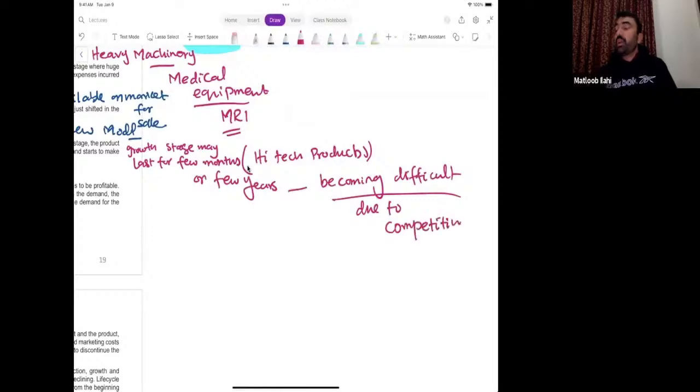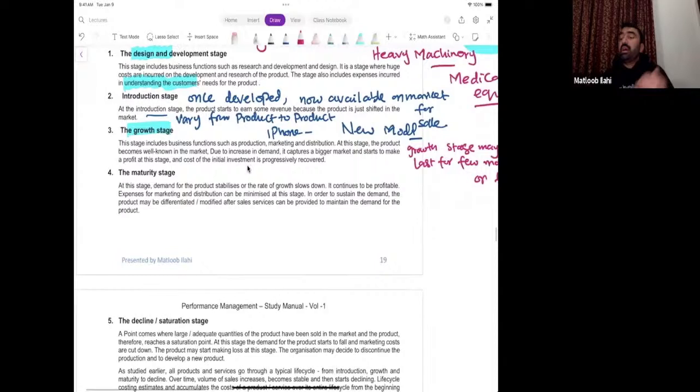And then after enjoying the growth phase, now the product has entered into the maturity stage. Maturity stage means where its demand would become stable. The reasons for stable demand would be many.